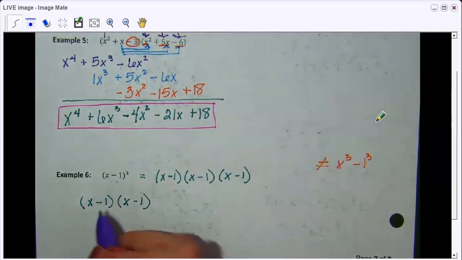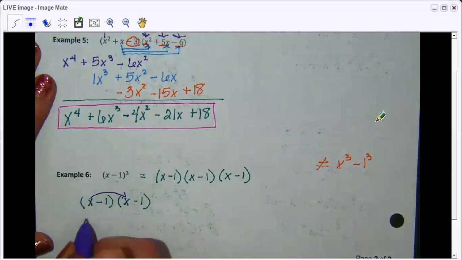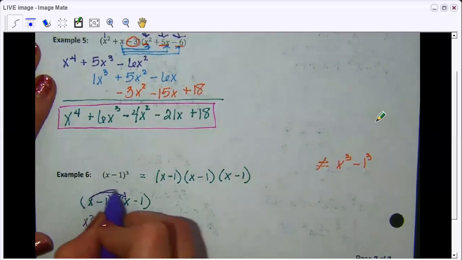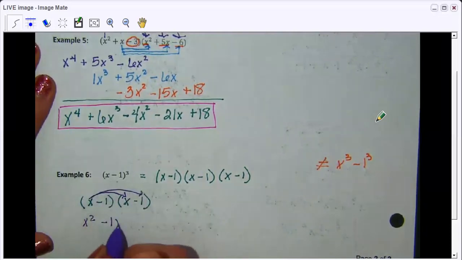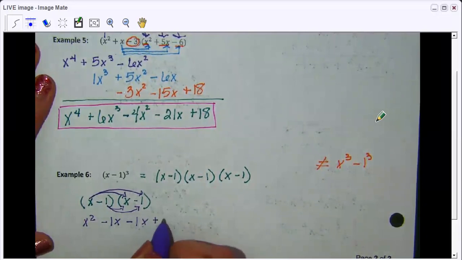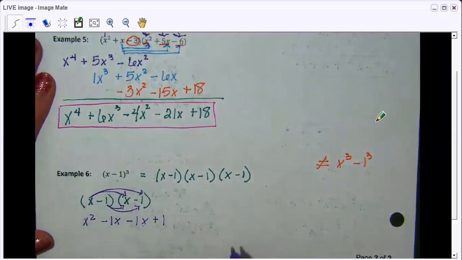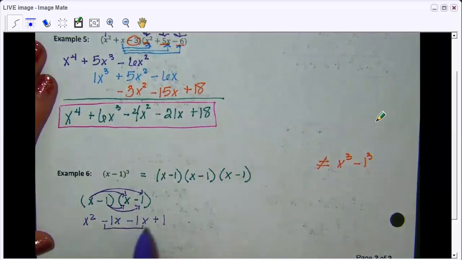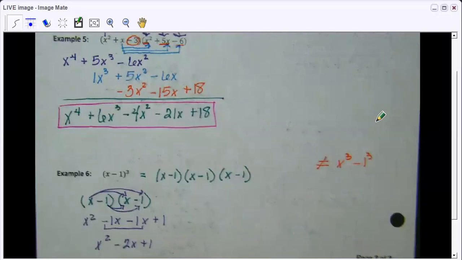So we end up with x squared minus 1x minus 1x plus 1. Okay. Then these two will combine to give you x squared minus 2x plus 1. So that's the first step. You're foiling those two binomials.